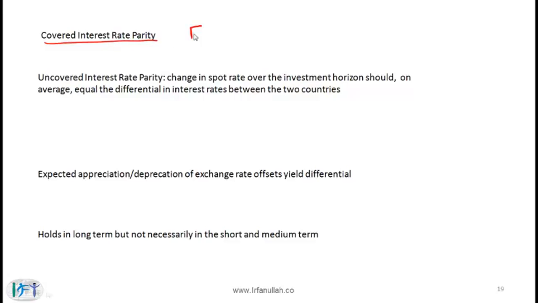As a quick recap, the forward rate is equal to the spot rate times 1 plus interest rate in the price currency divided by 1 plus interest rate in the base currency, and then we obviously adjust for days divided by 365 or 360 depending on the convention, and the same thing in the denominator. We've already studied this, so won't spend too much time on this again. Remember, covered interest rate parity helps us determine the forward rate.